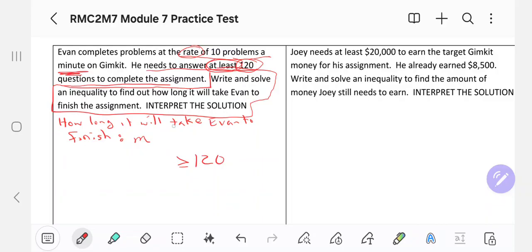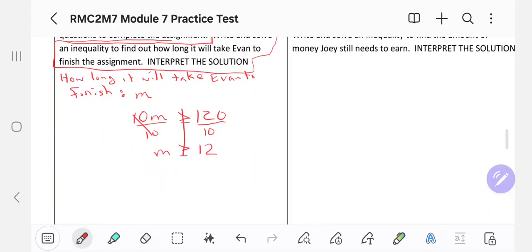All right, how would we calculate the number of problems they can do? Well, they do 10 every minute. So if we were to solve that, we divide by 10, divide by 10. Minutes have to be greater than or equal to 120 divided by 10, which is 12. And so we're going to interpret that.